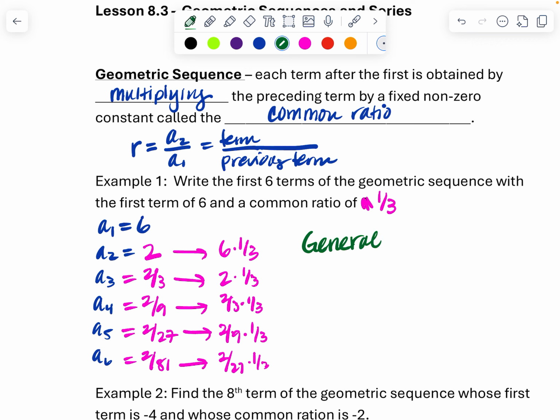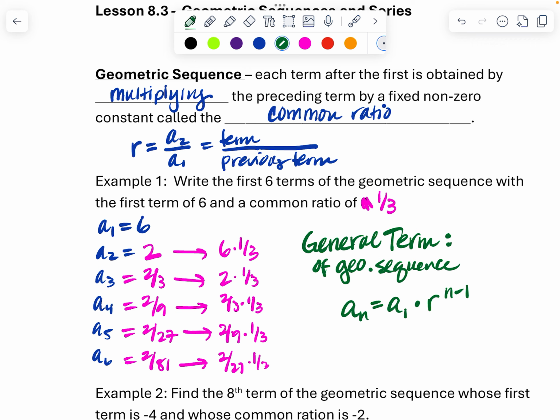All right, so let's talk for just a moment about how to get the general term. Just like with arithmetic sequences, we had a formula for getting the general term. For the general term of a geometric sequence, the formula is A sub n equals A sub 1 times R to the n minus 1.